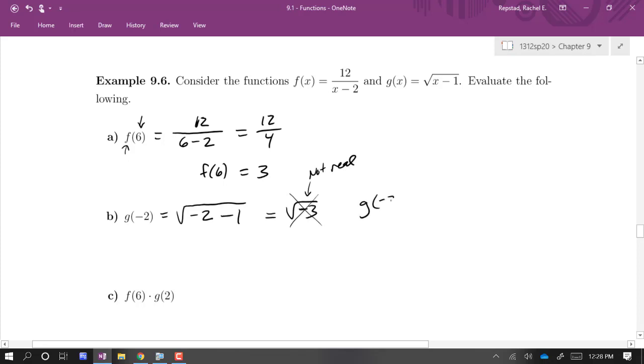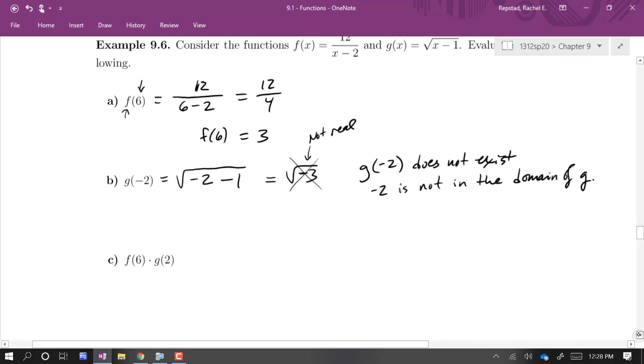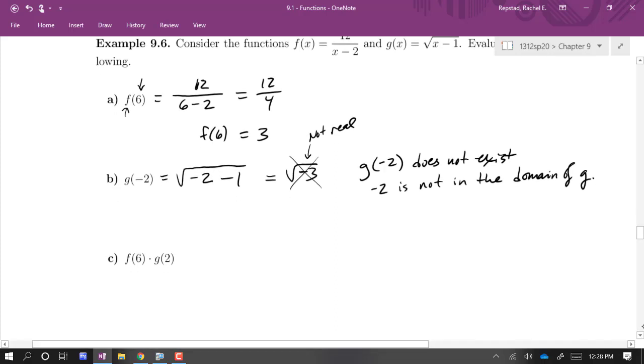So g of -2 does not exist. And another way to say that is that -2 is not in the domain of g. Now, if we're allowing functions to be complex valued, then we could say that this is the same as root 3 times j. We've already learned quite a bit about complex numbers.